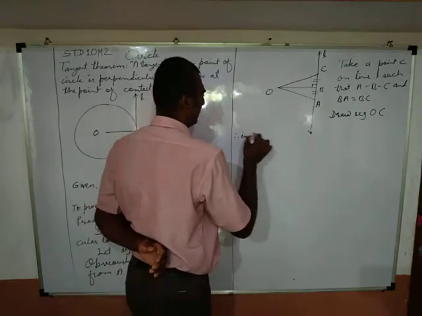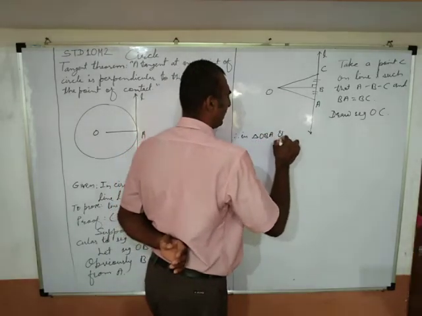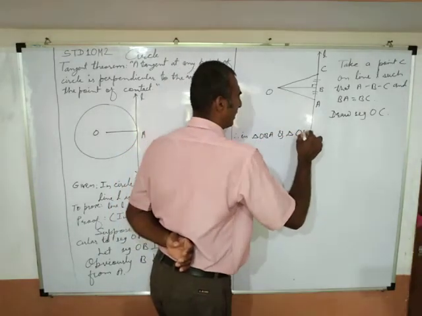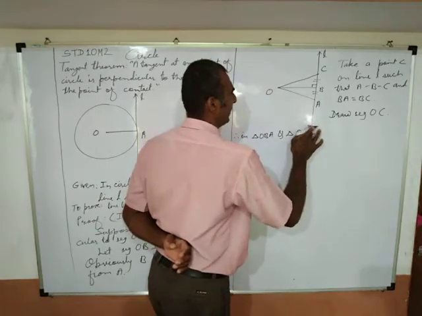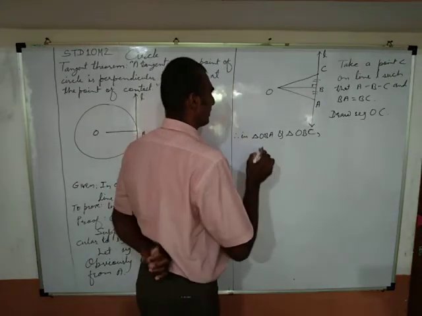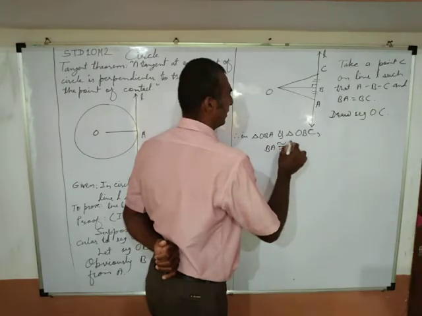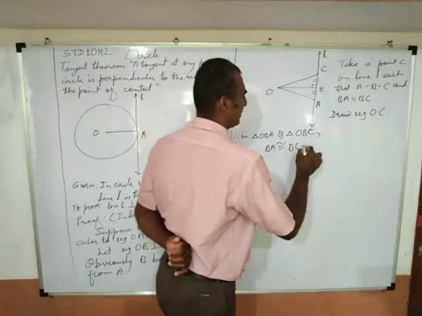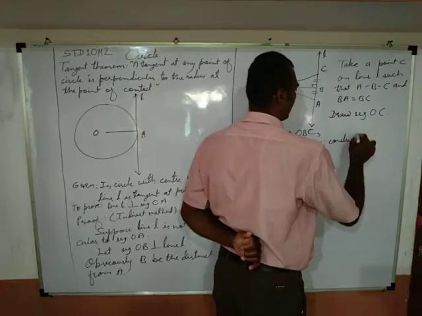Therefore, in triangle OBA and triangle OBC, BA is congruent to BC, by construction.